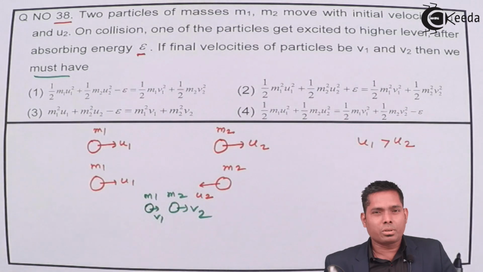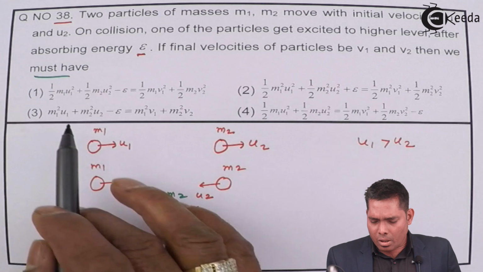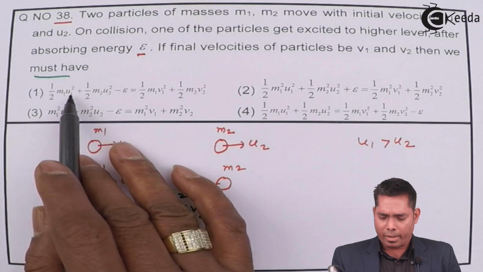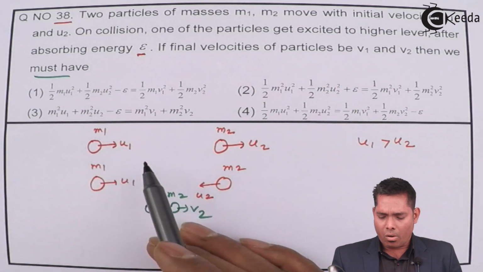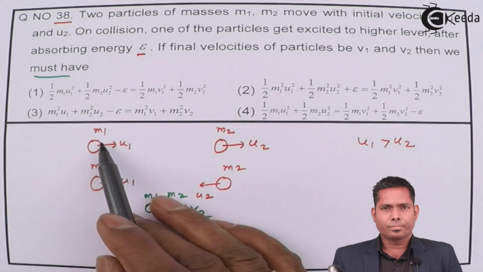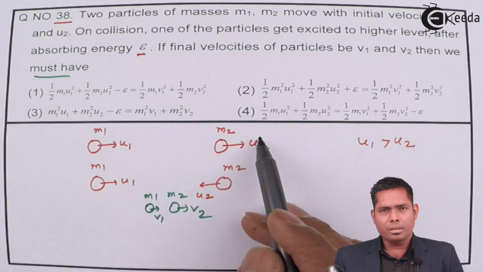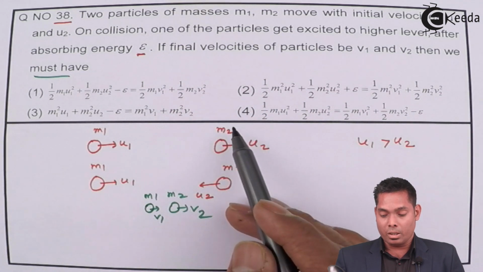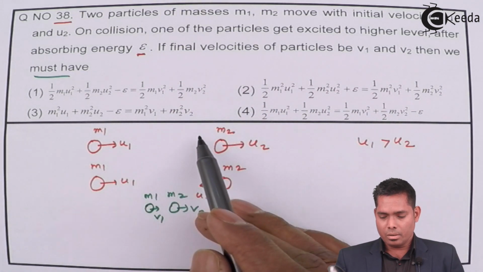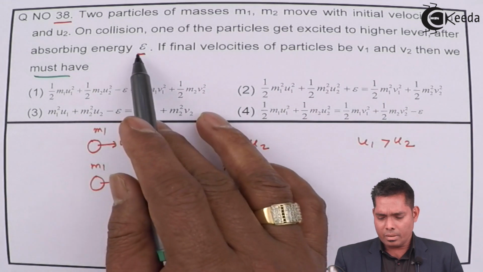If you see any option, half m1 u1 square is the kinetic energy of this particle, and half m2 u2 square is the kinetic energy of this particle, obviously before the collision. And E is this one.